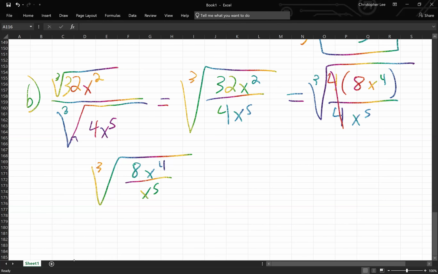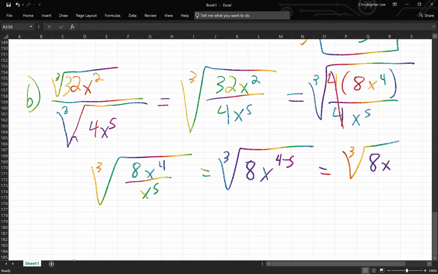This is going to become 4 minus 5, which is going to give me the cube root of 8x to the negative 1. Remember, it's illegal for me to have negative exponents, right? So this is just going to become the cube root of 8 over x.